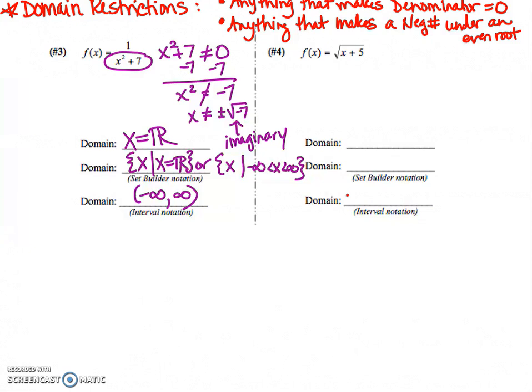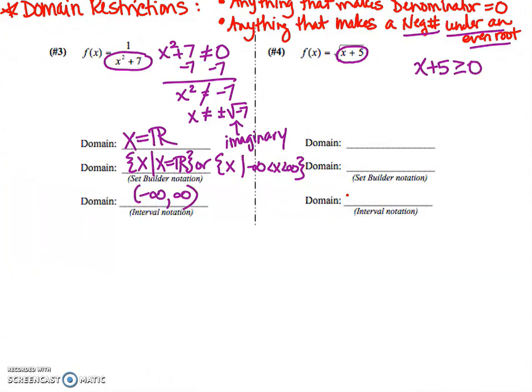All right, last example. We've got f of x equals the square root of x plus 5. Keep in mind, one of our domain restrictions is anything that makes a negative number under an even root. And that is the case with this problem that we have to be careful of. So x plus 5, which is under a square root, an even root, we have to keep greater than or equal to 0.